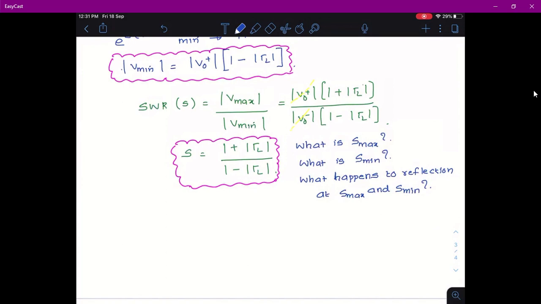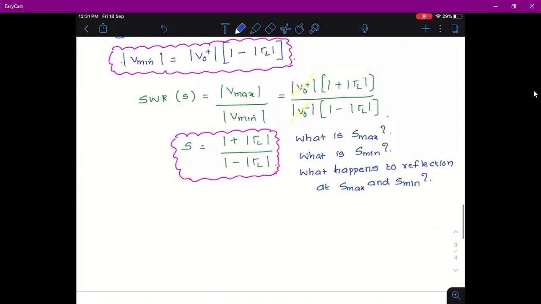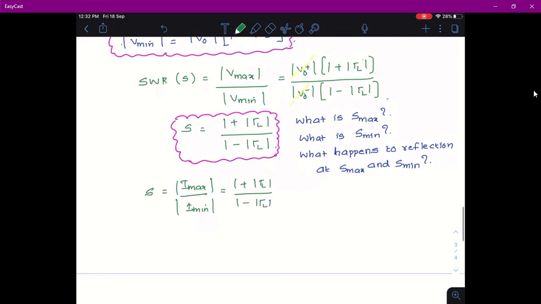Now, we also said that the standing wave ratio can be written in terms of the current, I max by I min, in magnitude. Okay. So, you will end up having the same expression. The derivation is exactly the same.